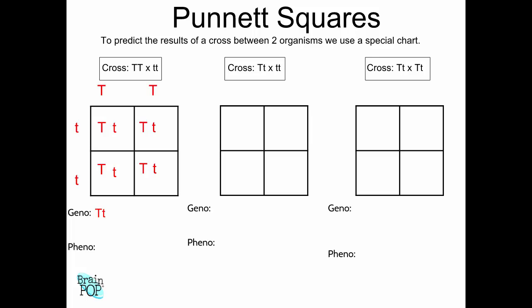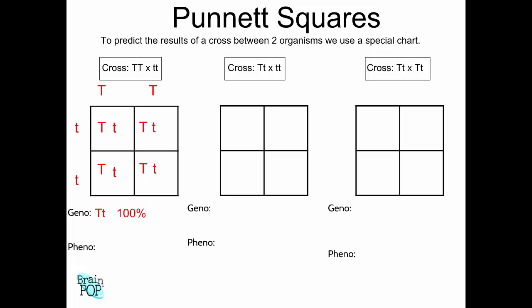And what percentage of those offspring are going to be big T, small t? 100%. How do you know? Because they're all the same. Yeah, they're all the same. It's 4 out of 4. So there's 100% chance of being big T, little t, which is what is the genotype called?